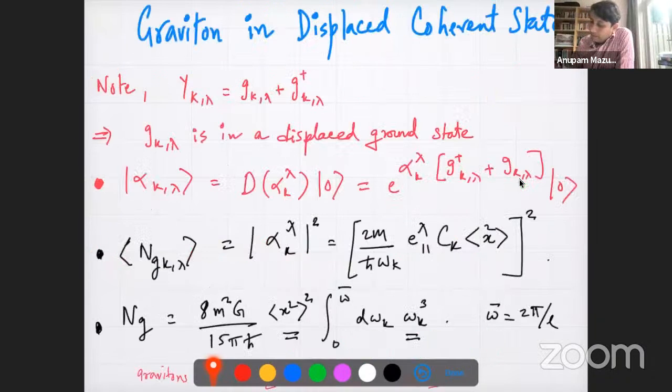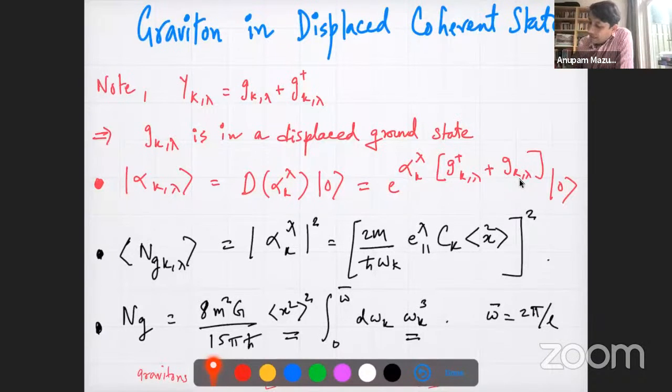But most importantly, what you find is that the gravitons are no longer in a ground state. You start with the graviton in a ground state, but once you trace the matter, you find that the gravitons become excited. It becomes a displaced ground state. So the ground state self-shifts. And this displaced ground state is nothing but a coherent state in quantum mechanics.